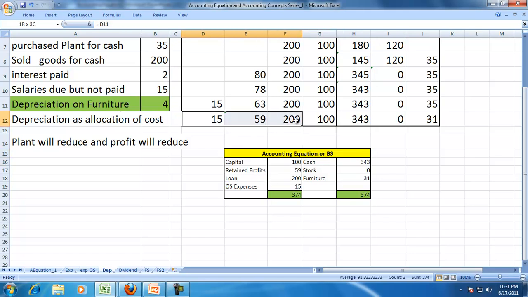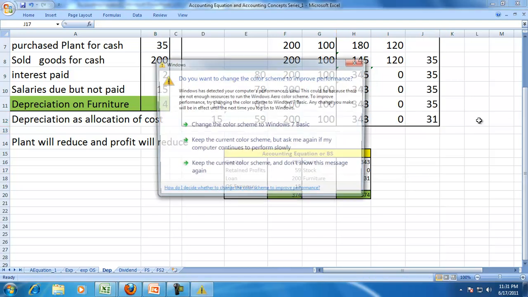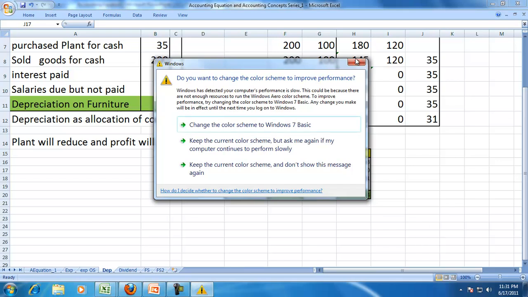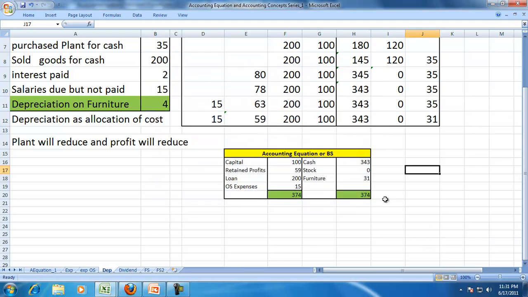So this is the total which is shown on the asset. So balance sheet at a particular point of time is the accounting equation at that particular date, at the end of the year or the end of the month or at the end of the day. So balance sheet is a reflection of, or shows, the accounting equation.